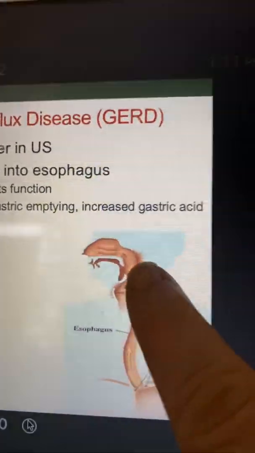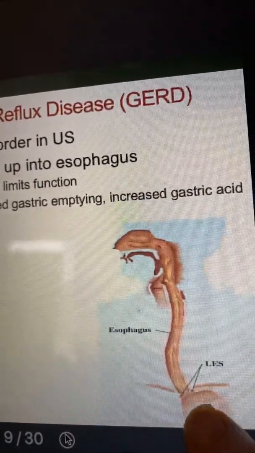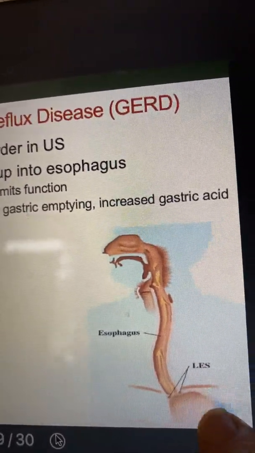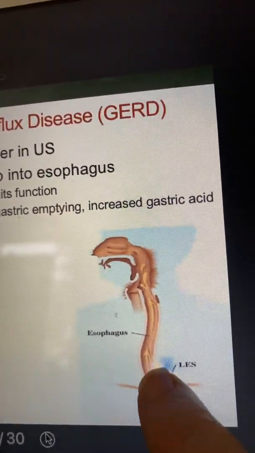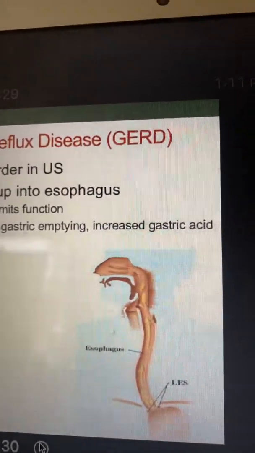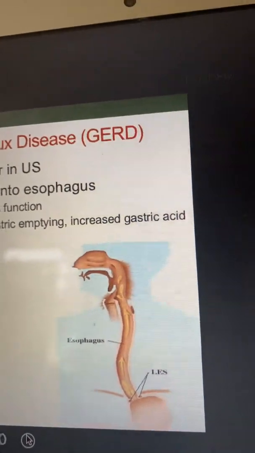In the esophagus, you have a lower esophageal sphincter here that's weakened, which causes acid to come up from the stomach through the esophagus, and it burns the esophageal area, which causes the distress with GERD. GERD usually is aggravated by the diets the individual partakes in, and it can be aggravated by smoking as well.